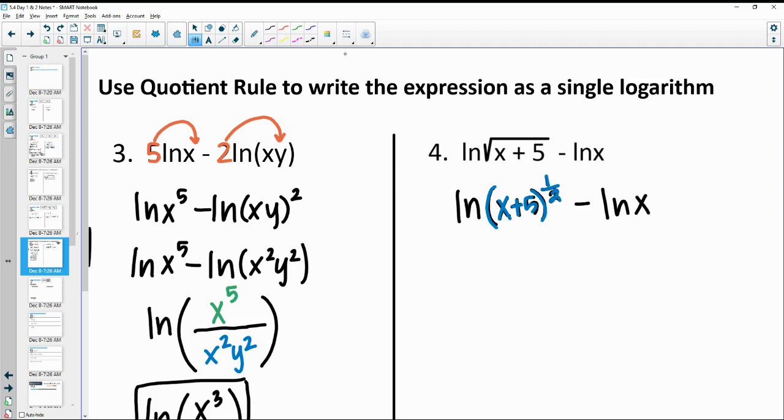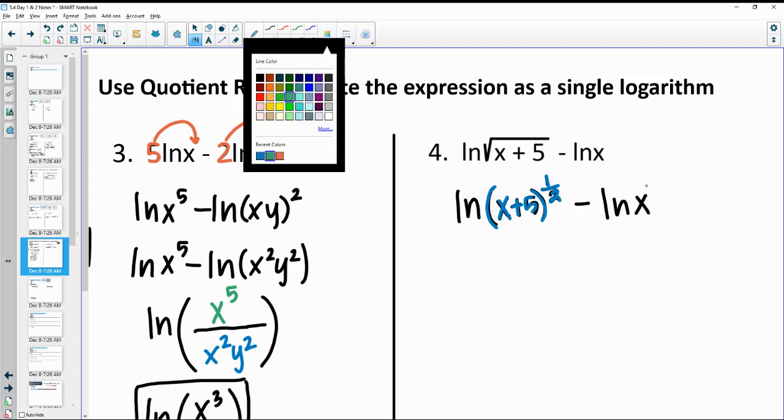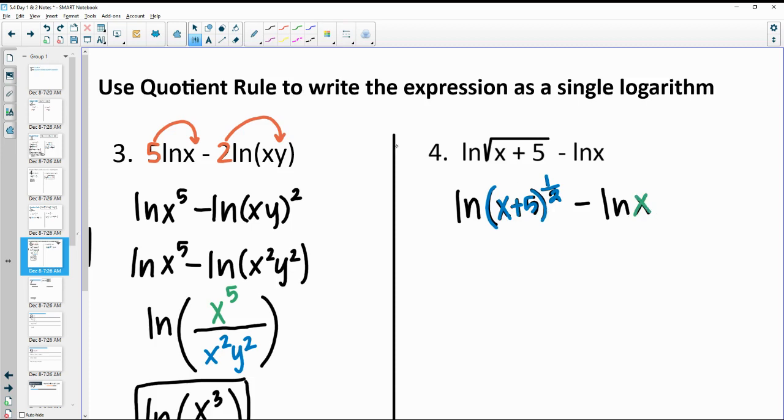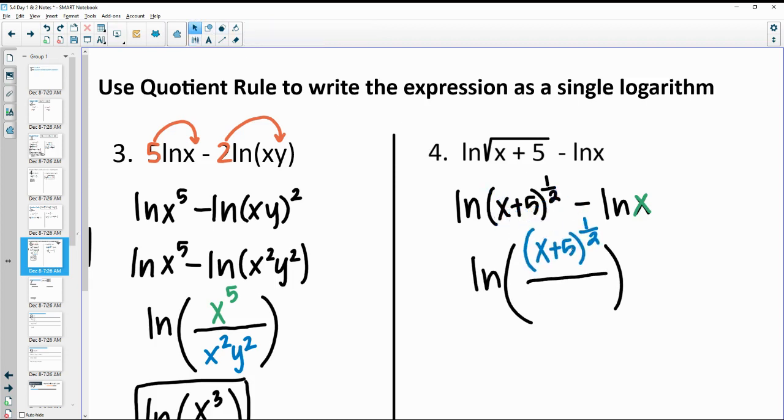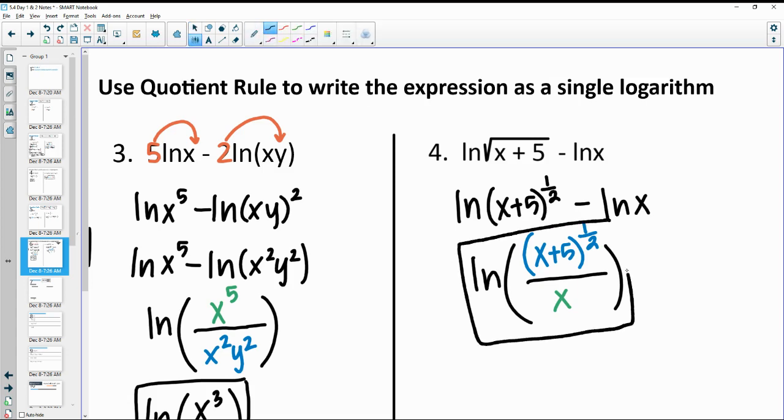So this first part is x plus 5 to the 1/2, and then the second part is minus the natural log of x. So then we will have just one natural log when we put this back together, and we'll have that first part on top and then the second part on bottom. So on top we'll have x plus 5 to the 1/2, and then on bottom we'll have x. And then that doesn't look very simple, but that's our condensed to one logarithm answer.